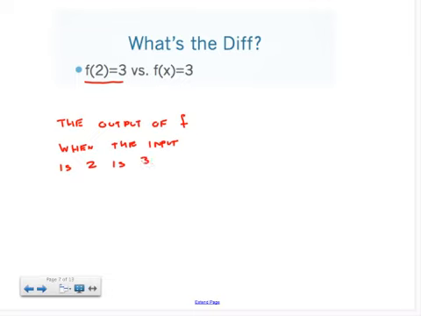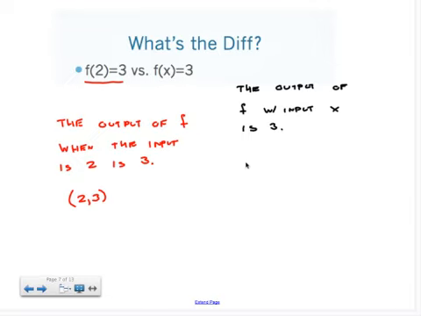So, in other words, the ordered pair (2, 3) is created by that function. The second statement is slightly different. This one would say the output of f with input x is 3.